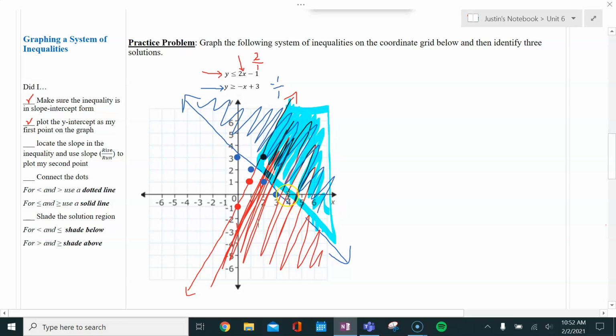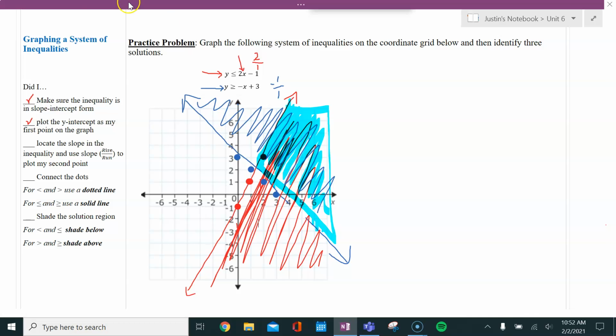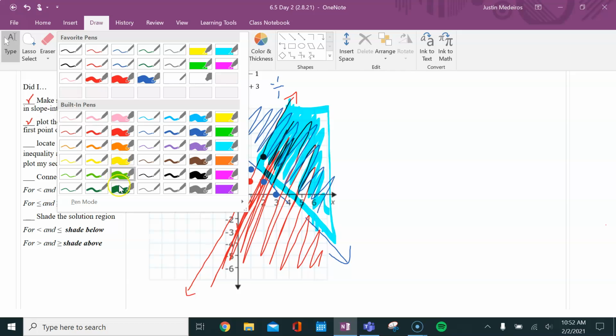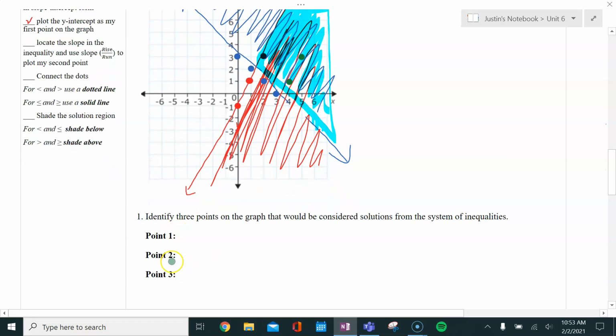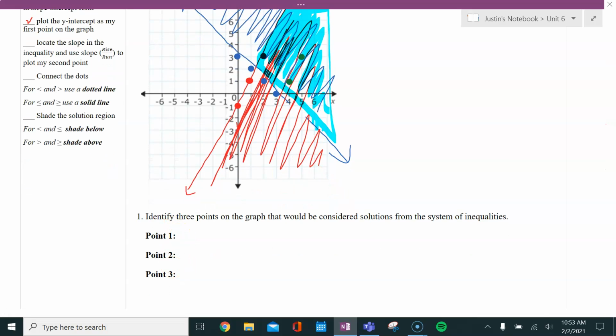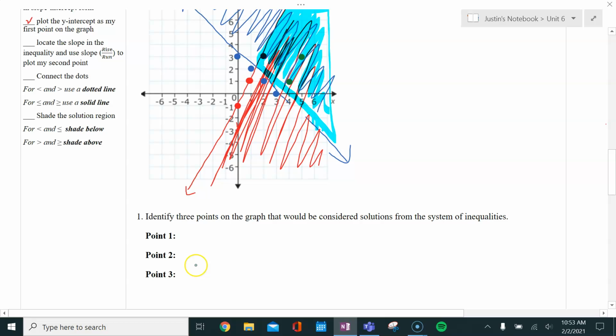Anywhere you pick a point in our light blue highlighted shaded region would be considered a solution. So I can pick a point here, which is 5, 3. I can pick a point here, which is 4, 1. And you're going to want to write them down below.